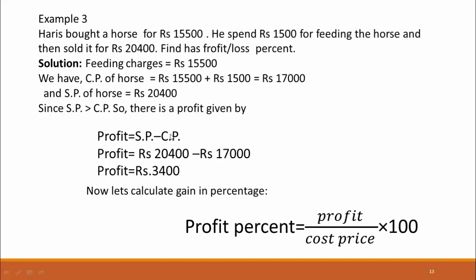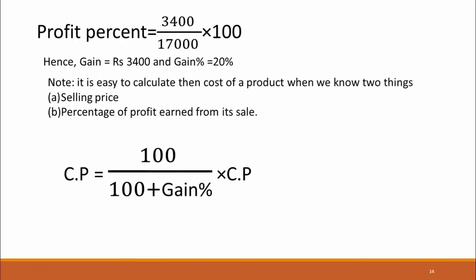So subtract the cost price from the selling price. He obtained the profit 3,400. Now the profit percent will be profit divided by cost price multiplied by 100. Profit 3,400 and cost price is 17,000, multiplied by 100. After simplification we obtain the gain percent is 20%.